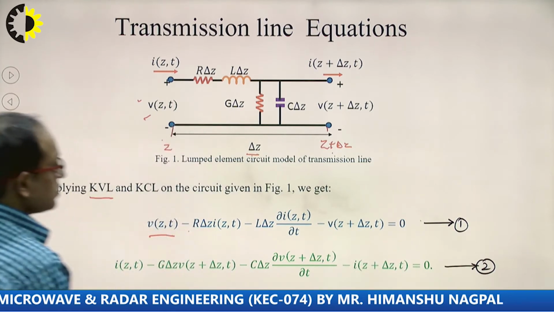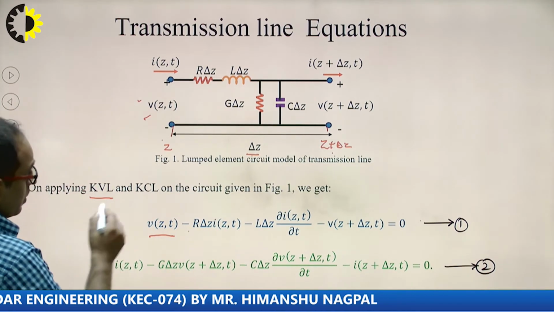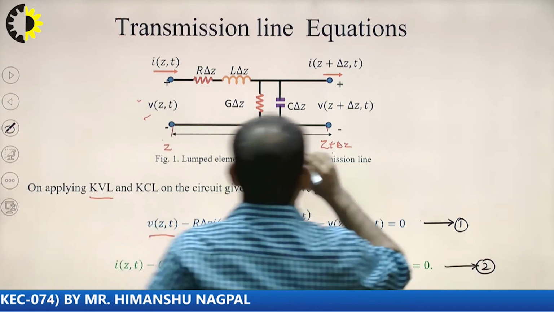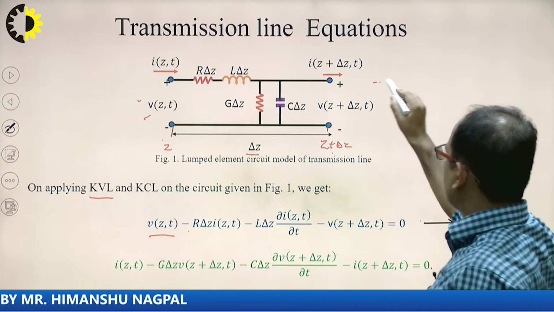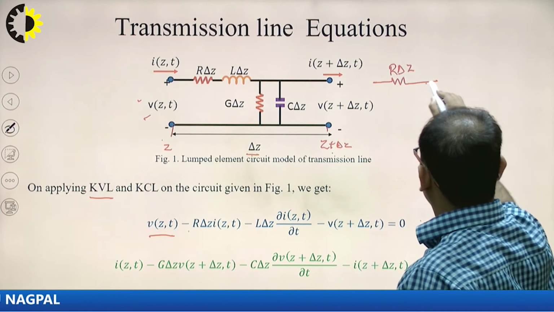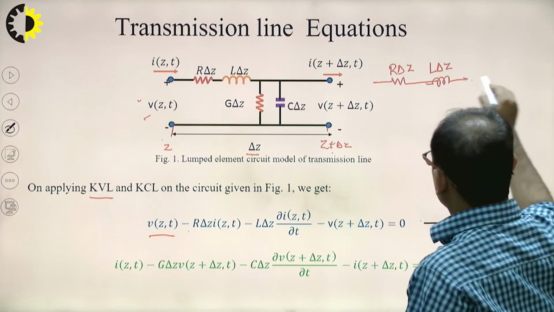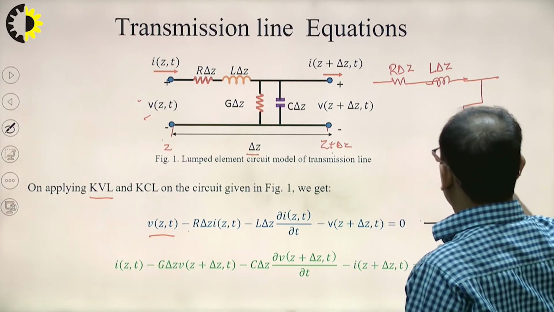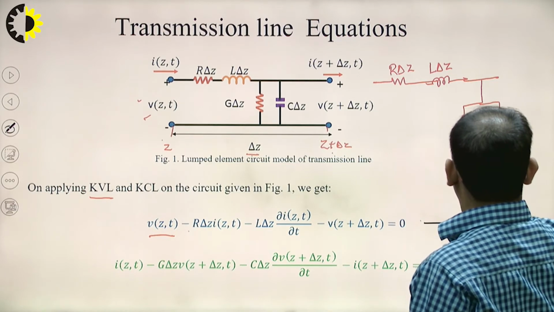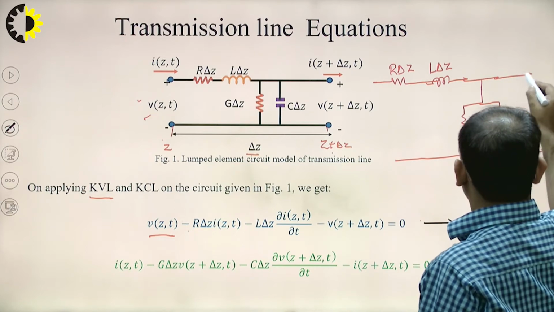will be equal to 0. Clear? Now apply the KCL rule at this node.